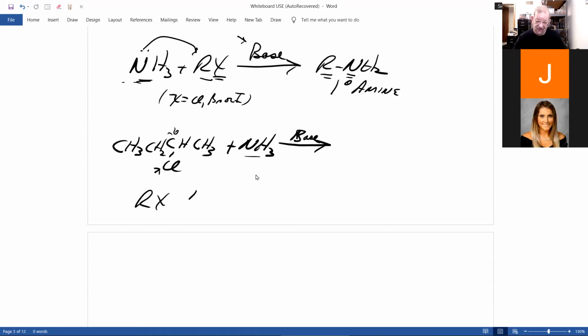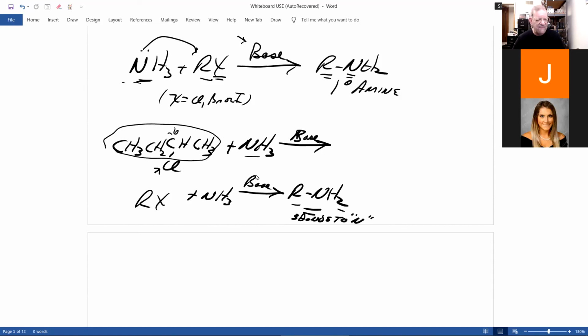Ammonia, that's different. And in the presence of base, you get a primary amine. Remember, in amines, there are 3 bonds to nitrogen, and therefore we have 1 R group and 2 hydrogens.